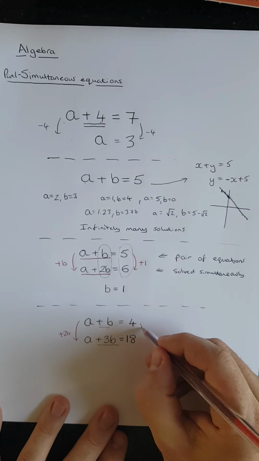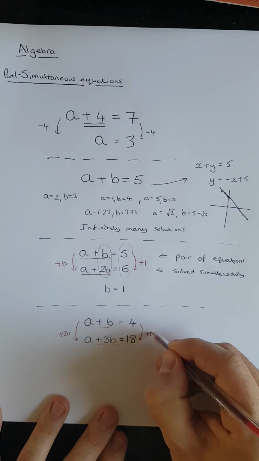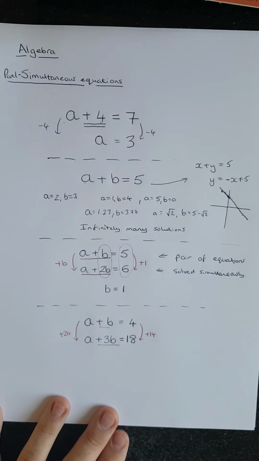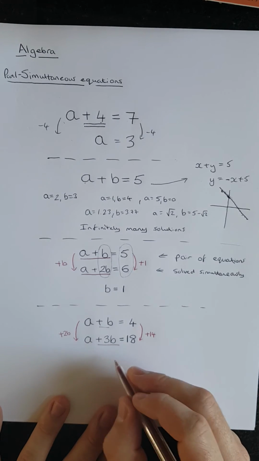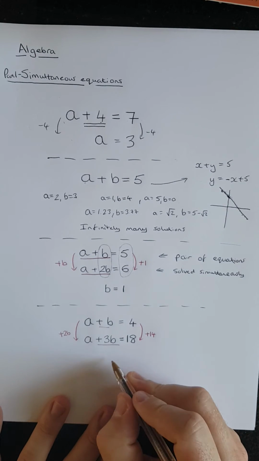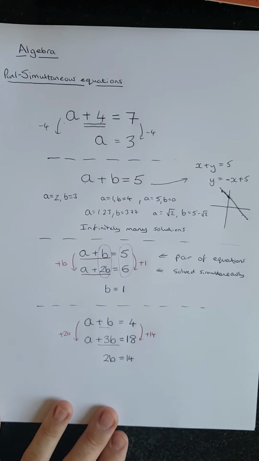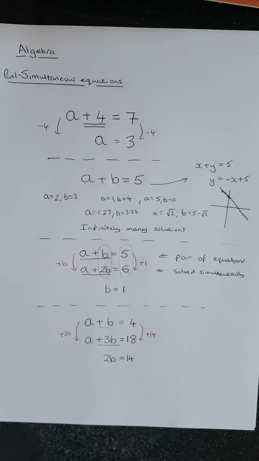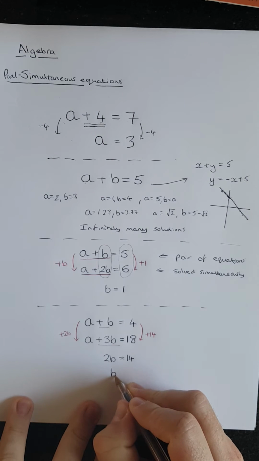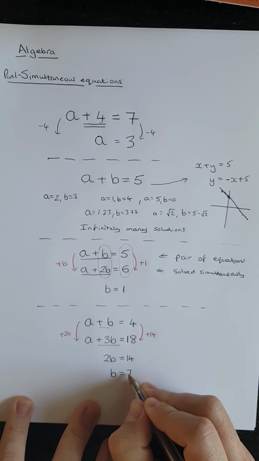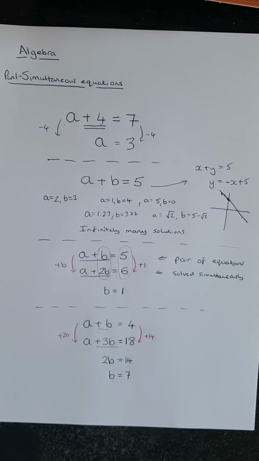And on the other side, we've seen 14. So, our conclusion then is that 2 lots of b is worth 14. Which means we can then work out that each b is worth 7.